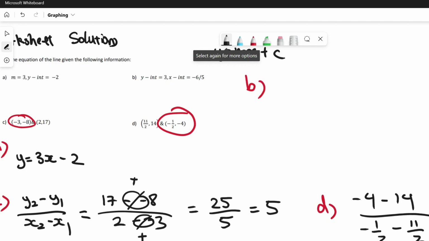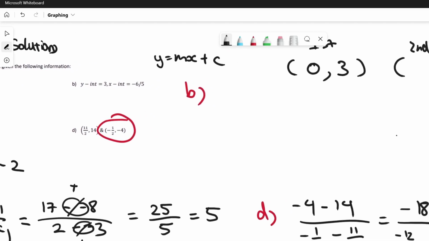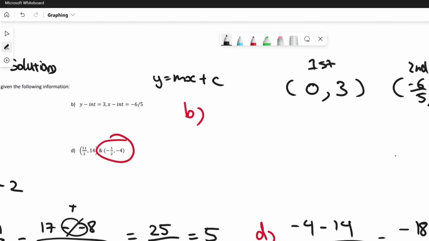So the y-intercept is when the x is 0. And it says the y-intercept is 3. So this is actually the first point that it gives you. And the second point it gives you is that the x-intercept is -6 on 5. And the x-intercept means that the y value is 0. So these are the first 2 points.